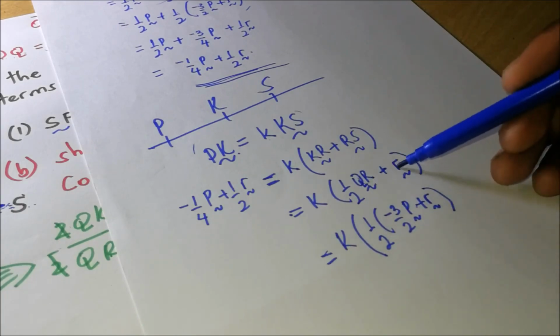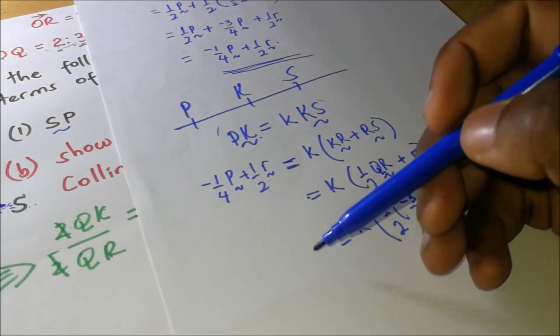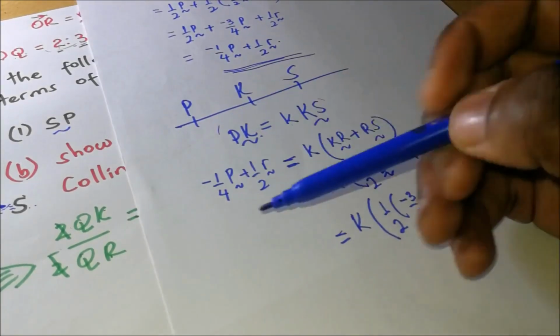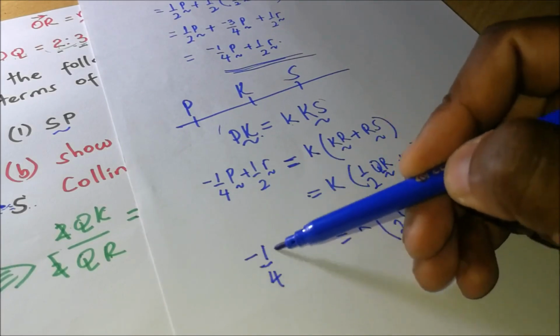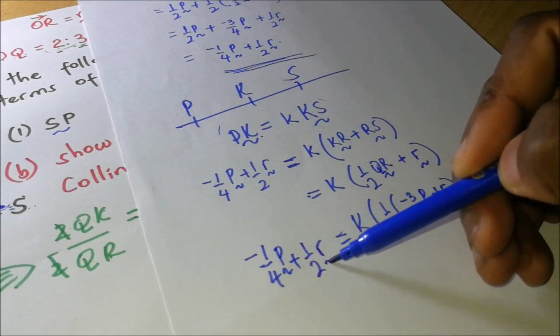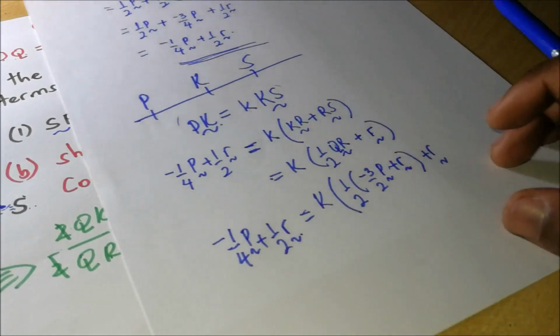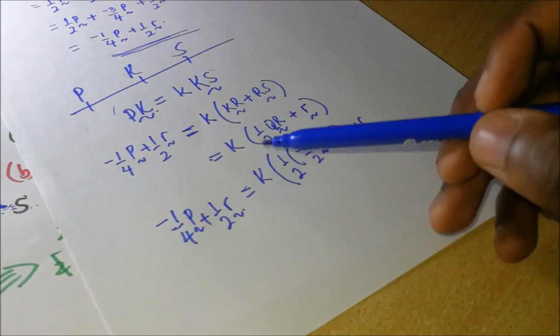We've just put it there, then plus R. That is equal to the remaining bit here, which is negative a quarter P plus a half R. So we're just going to simplify this and make sure we find the value of k.